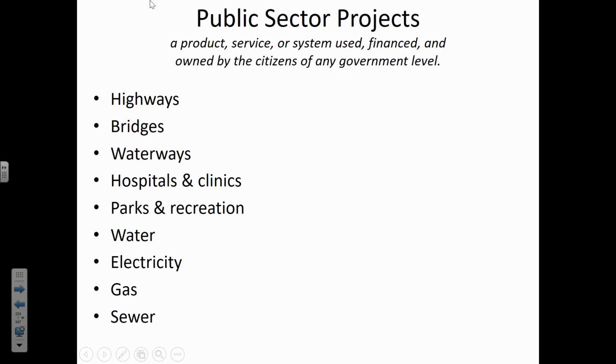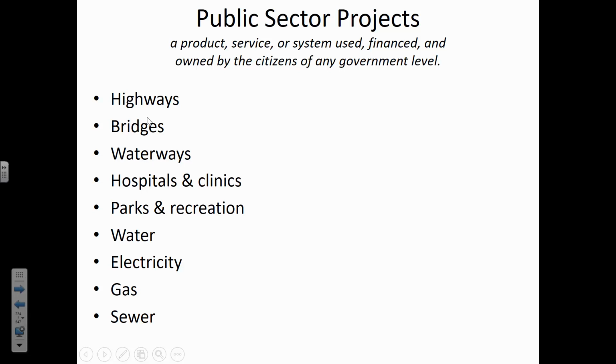And so, for example, there may be bridges where you're trying to connect a community that would otherwise be isolated and remote. So you're improving their way of life by bringing them back into the mainstream and easier access to the rest of town. There may be things like parks and recreation where people aren't paying to use some of these things.